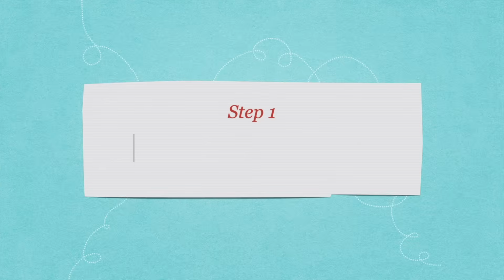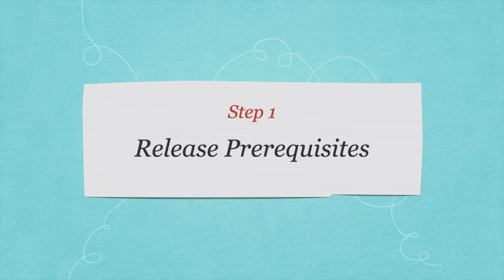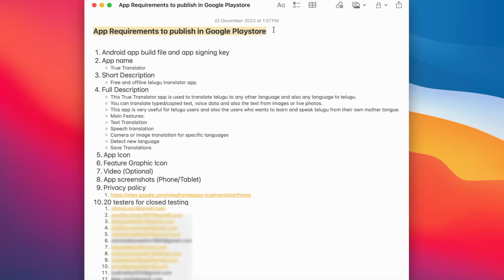Now, the first step in the release process is making your app ready for the release. Here I have listed 10 important points that you should keep ready to publish your app from the Google Play Console developer account.